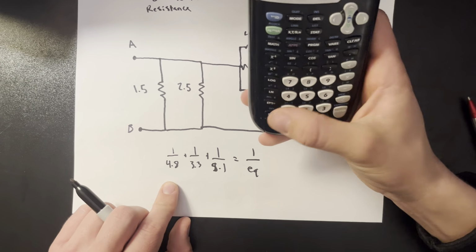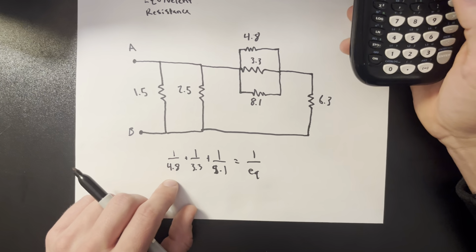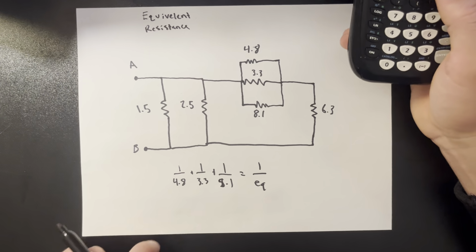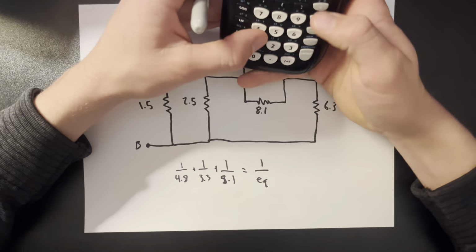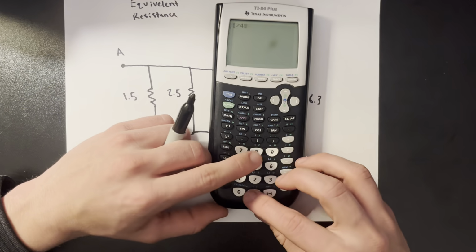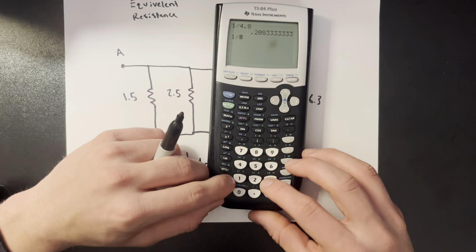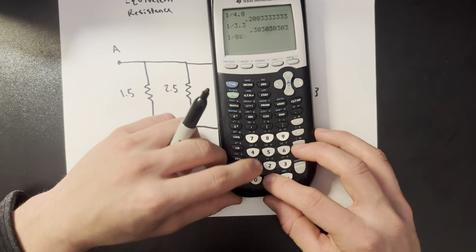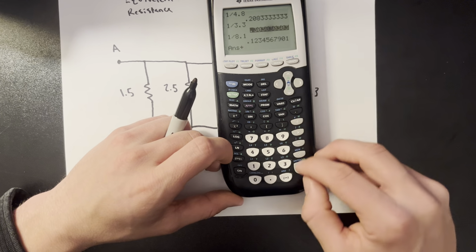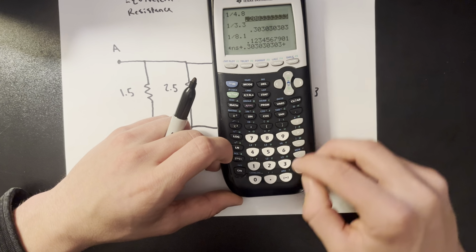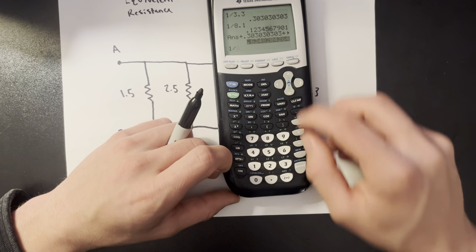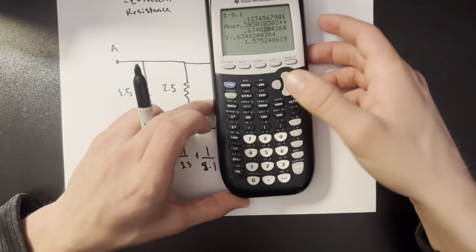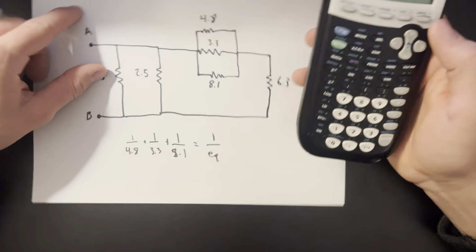So we're going to do that quick because we know if they're in parallel with one another, this is our formula. So we're going to do 1 divided by 4.8, 1 divided by 3.3, and 1 divided by 8.1. Then we're going to add these guys up. And then we're going to take the inverse of that, and then we have our equivalence. So this is our equivalence, 1.57.